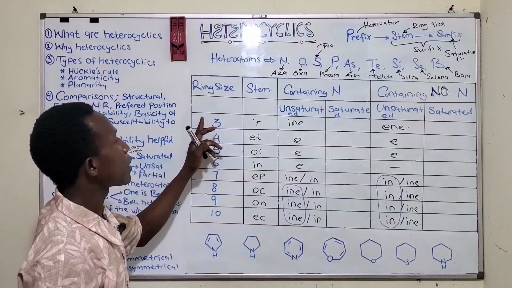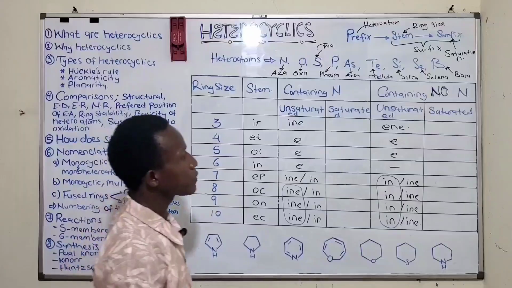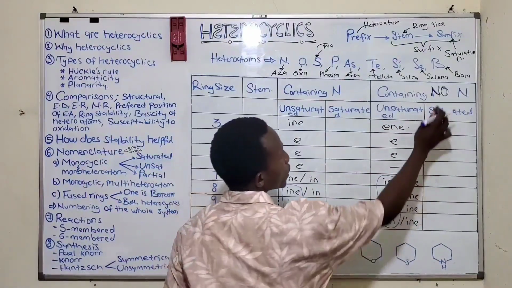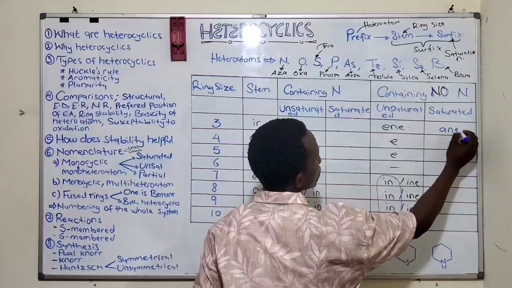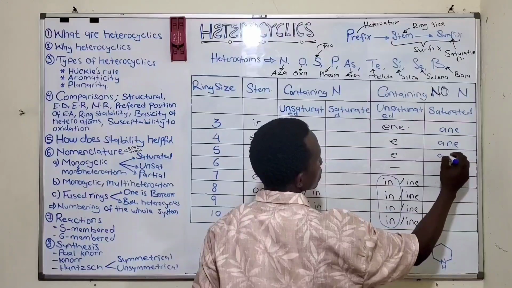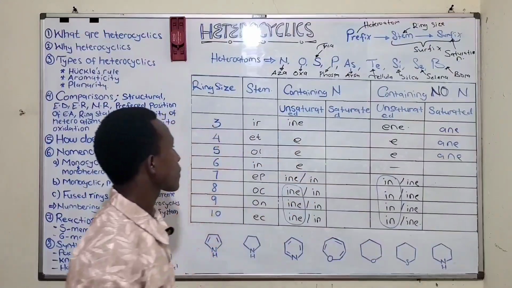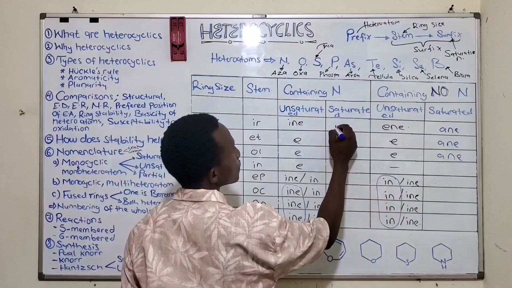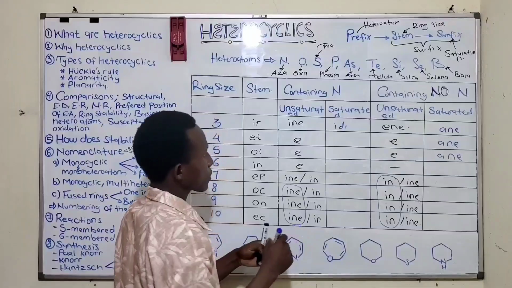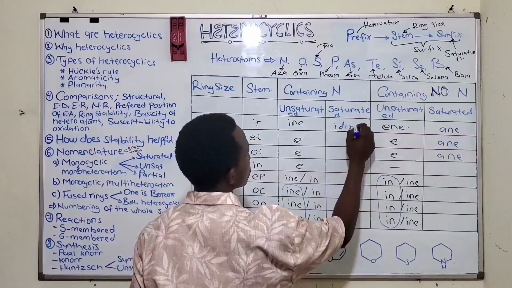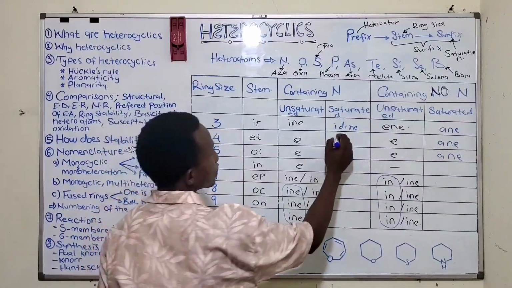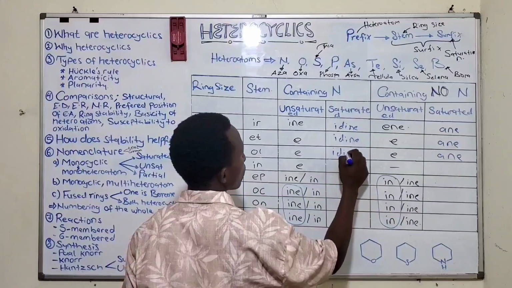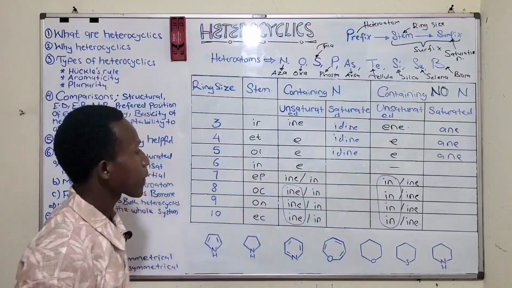Now, when you go to the saturated ones, rings containing 3, 4, and 5 carbons, if it is saturated and contains no nitrogen, you add ane. But for the one containing nitrogen, we add idine.